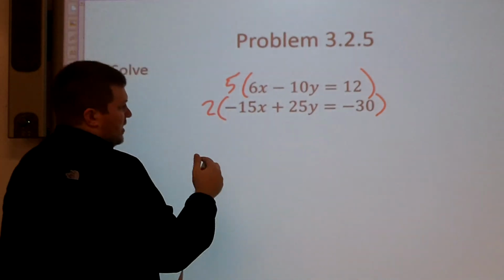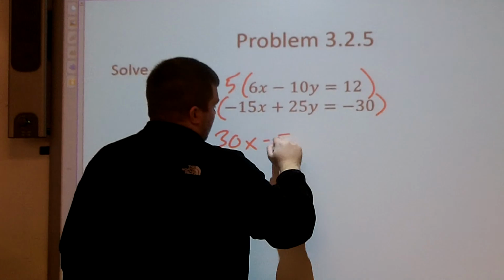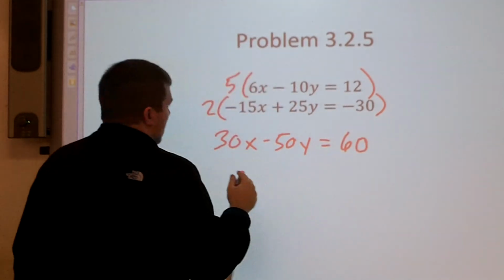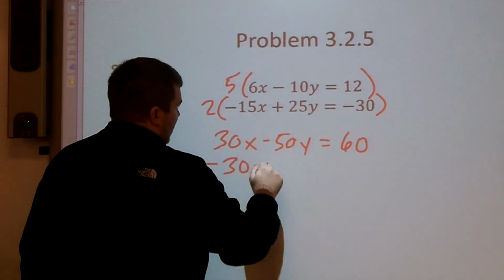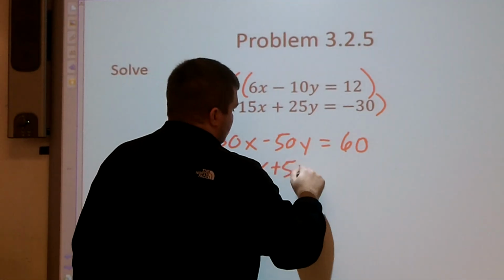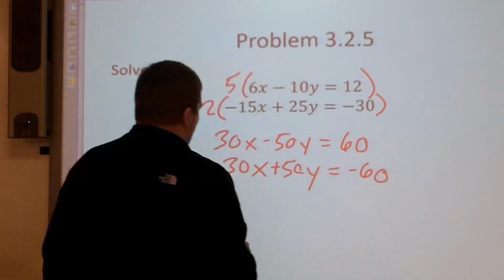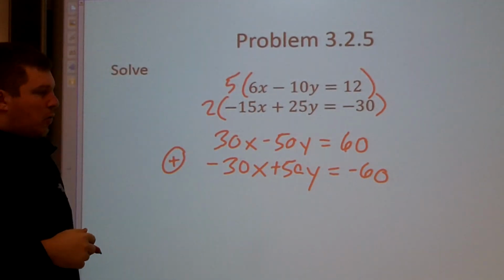So taking care of the top equation first, I have 30x minus 50y, and that's equal to 60. The bottom equation becomes negative 30x plus 50y is equal to negative 60. All right, so now we want to use addition to try to eliminate our y's.